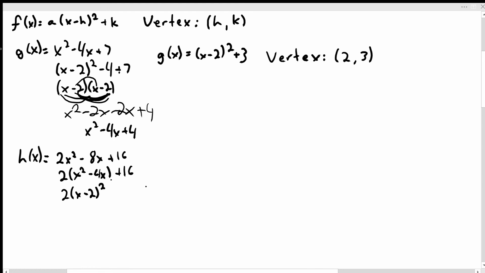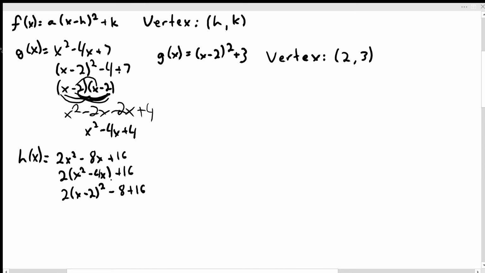Now if we just put negative 4 right here, that would be a mistake, and the reason for that is because we have this 2 out front. So what we're going to need to do is square the negative 2 and that becomes 4. But last of all, we need to multiply that by our leading coefficient of 2. So what we're actually going to subtract is an 8. And then last of all, we'll still have our plus 16.